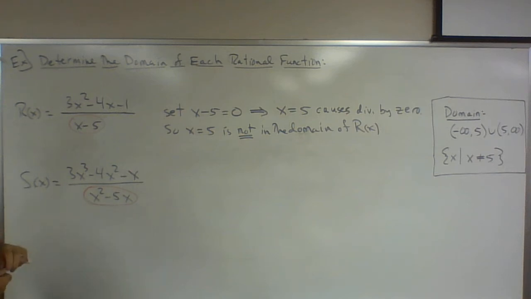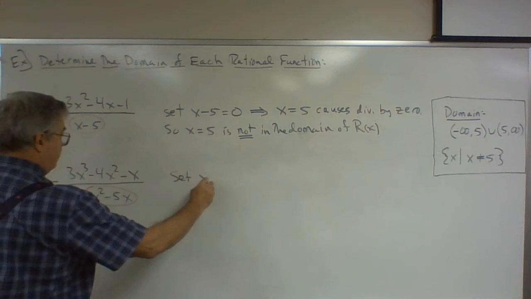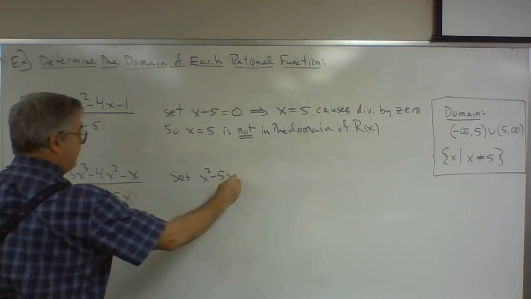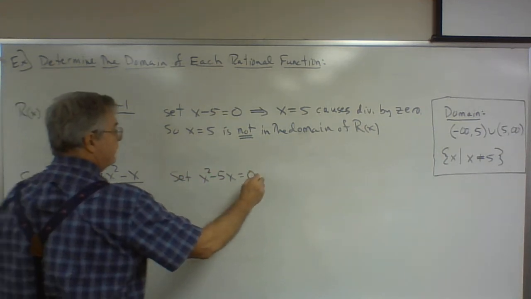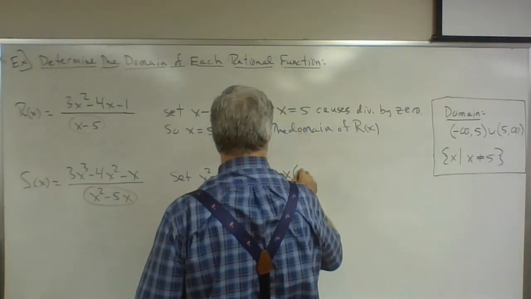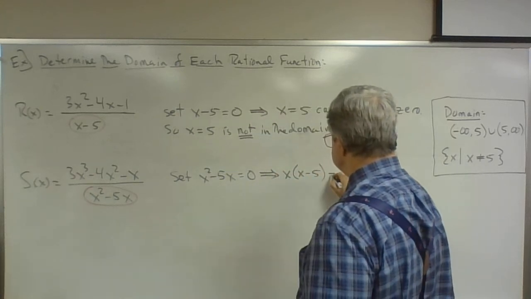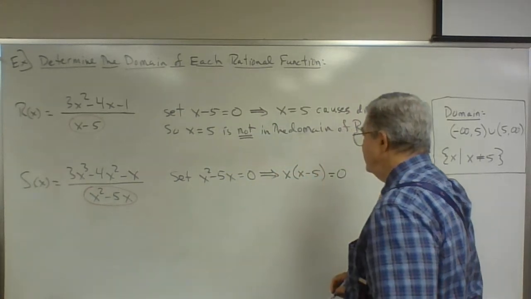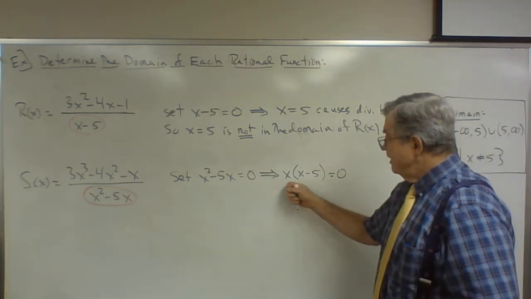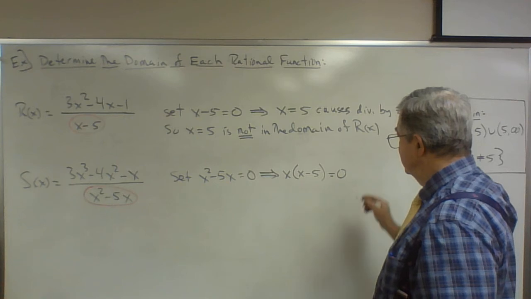So we take the denominator and we set it equal to 0. We have the product of two things equal to 0.